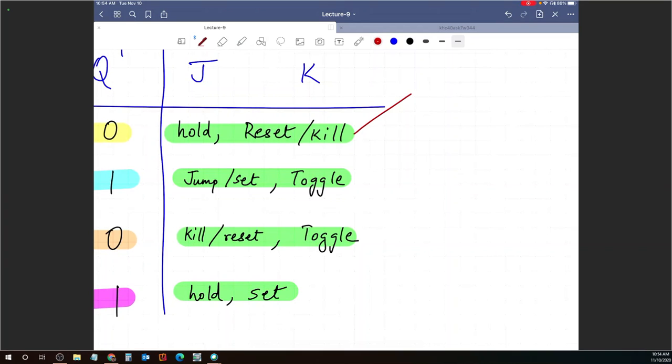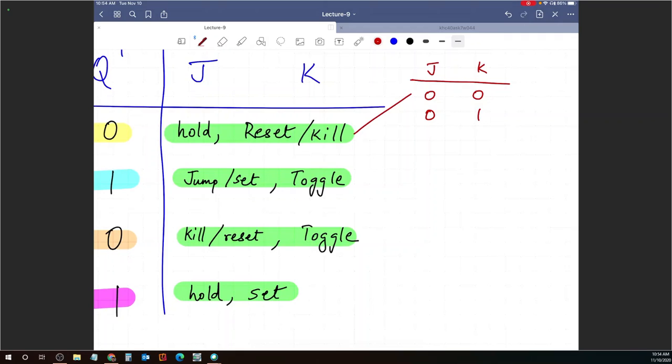What is hold? I will write J here and K here. So both have to be 0 for hold. How about reset or kill? What should be J, what should be K? Zero and 1. Beautiful.